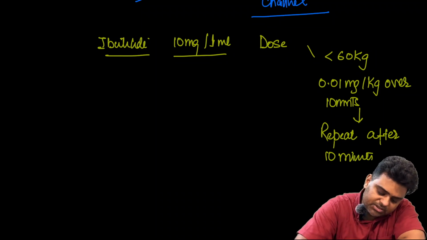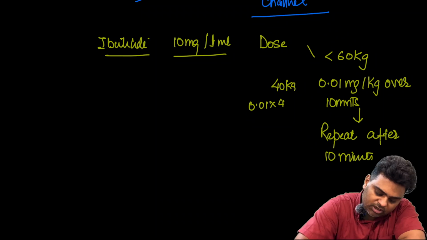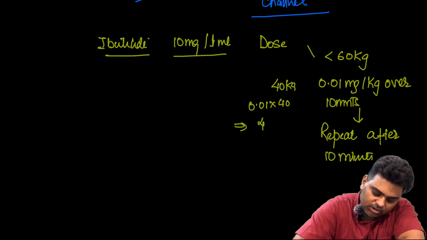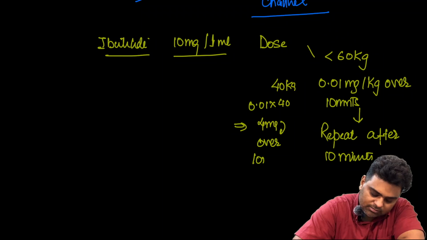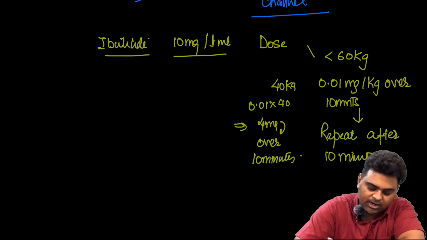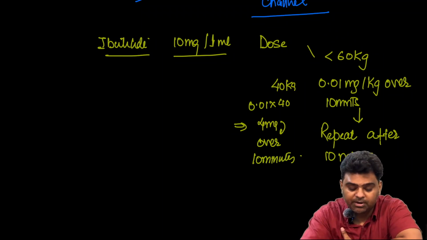For example, if the person is 40 kg, the dose will be 0.01 into 40, that is 0.4 mg. You have to give that over 10 minutes, and if the person doesn't respond, you can repeat after 10 minutes.